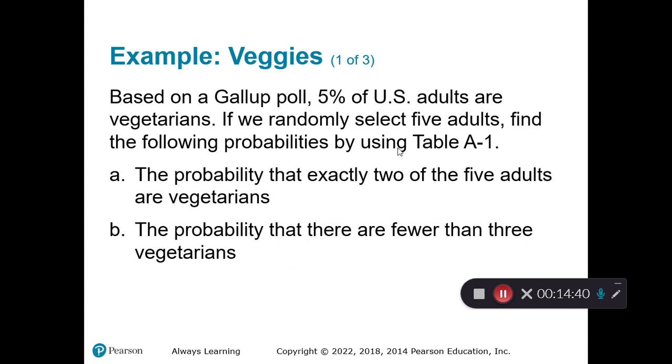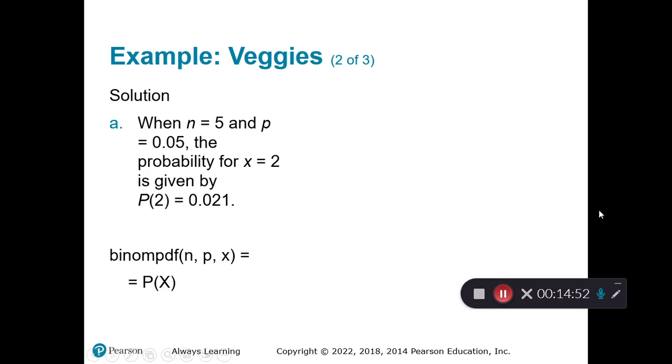Here it says that we're going to be using table A1, but we are not going to be using tables to calculate these probabilities. I'm instead going to show you how to use your calculator to do that. For the first question, we have n trials, the probability of success is 0.05, and we want to find the probability that x is exactly 2.